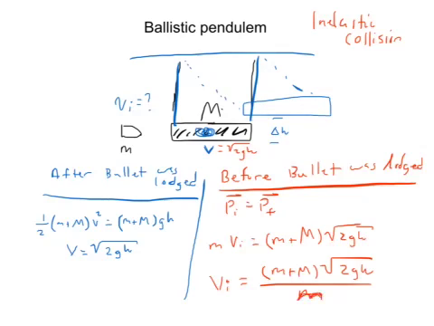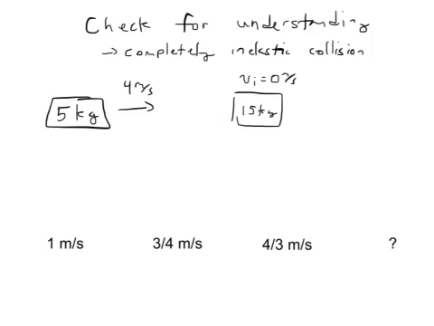All right, so the last thing that we'll do is have you try a problem on your own. So here's the problem that you're going to be trying. What's going on here is that there's a 5 kilogram object moving at 4 meters per second. It's going to collide into a 15 kilogram object at 0 meters per second.